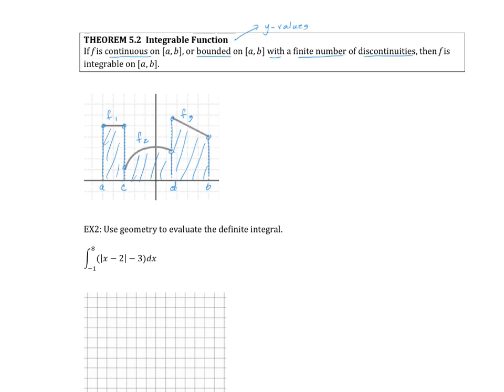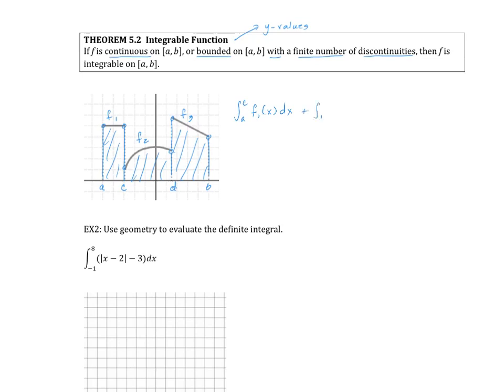You could clearly see the area. Then it would be the integral from a to c of my f sub 1 of x dx. That would give me the area of the first piece. And this is net area. It just happens that this function is above the x-axis, so it will turn out positive if I do compute it. But we're not going to compute it because I really don't have a function.